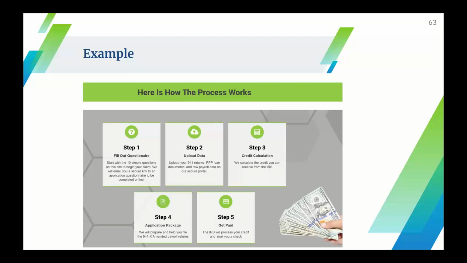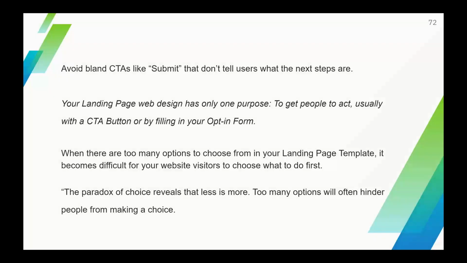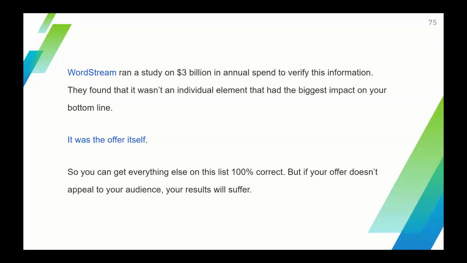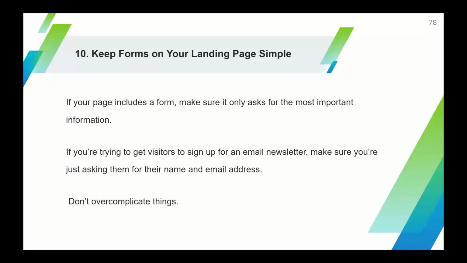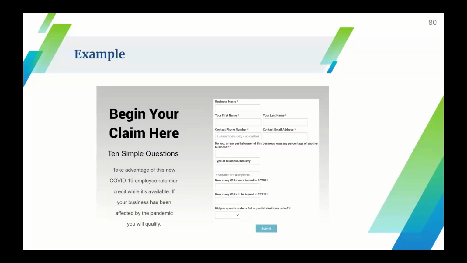I first ask for very basic information. Here's a form. Okay, begin your claim here. Explain what minimal fees is, really the minimum the CPA needs, and then from here they can go to the next step.